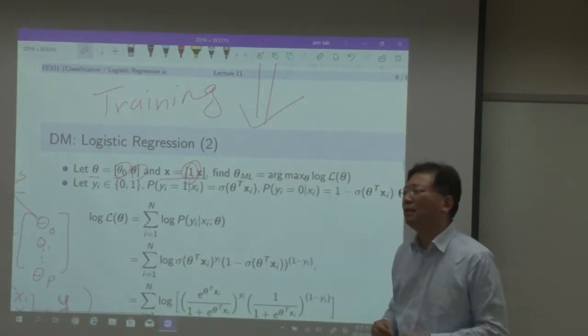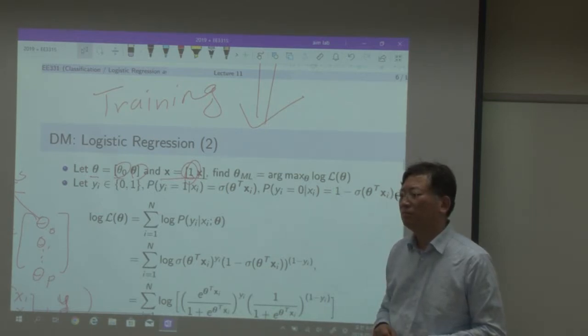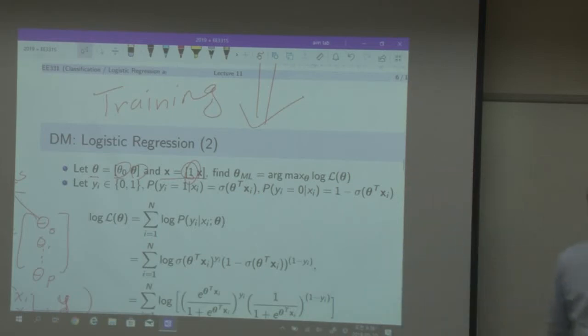What does that mean? What is likelihood? Likelihood is the probability of the data given the parameter.